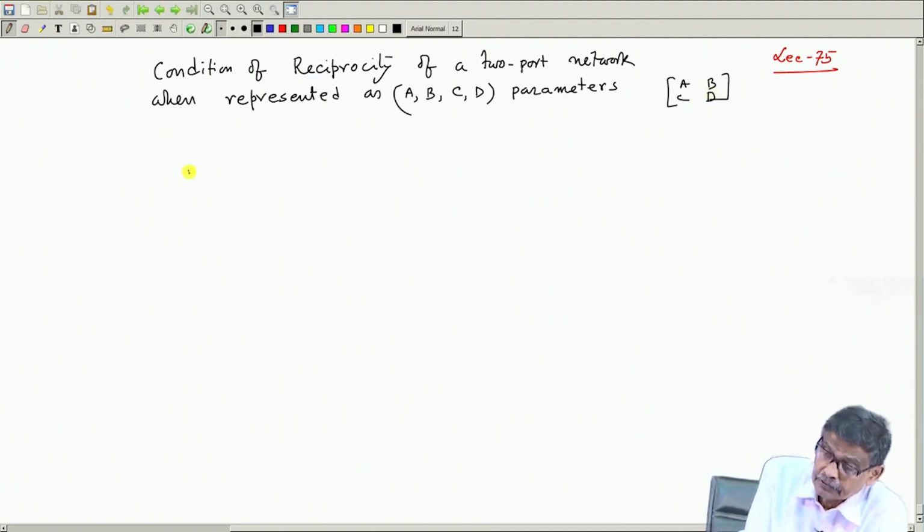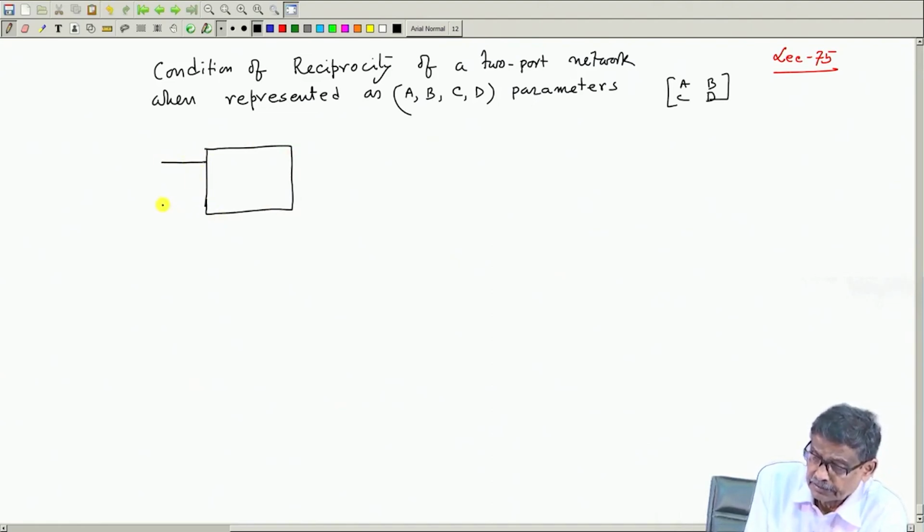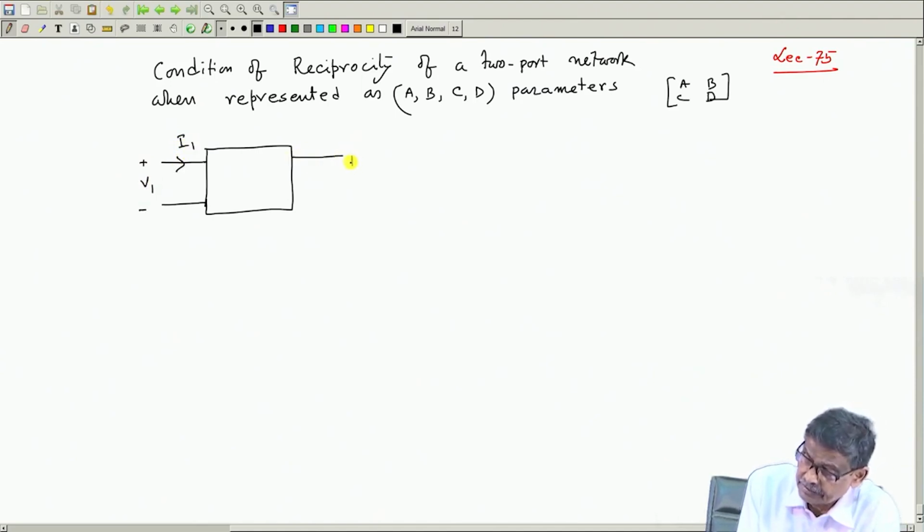Let us see that. First of all, draw the two-port network and write down the general fundamental equations. If you apply a voltage V1 here, the current is I1, and here the voltage polarity is V2.